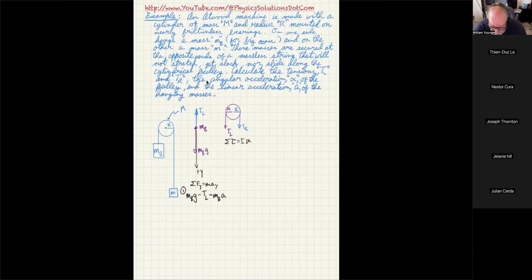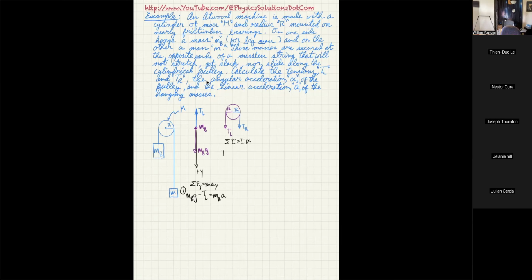Notice that the actual tension comes off the pulley perpendicular to a radial line, so that R cross F is just R times F in this case. Not only that, I'm keeping rotating clockwise or counterclockwise as the positive direction. So that means T_L is going to cause the positive torque, and T_R is going to cause the negative torque.